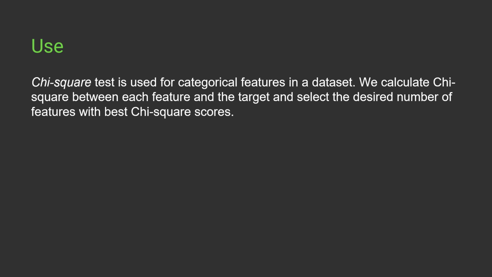It calculates the chi-square between each feature and the target feature and selects the desired number of features with the best chi-square scores. The higher the chi-square value, the more desired the feature will be. That means that feature will have more say in predicting or directing towards a certain outcome.